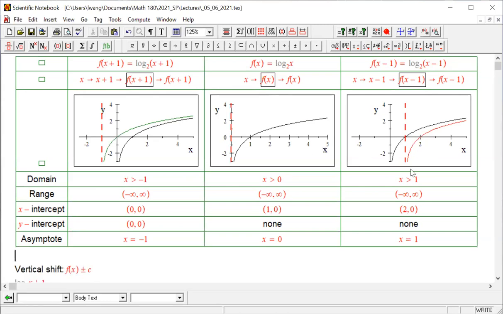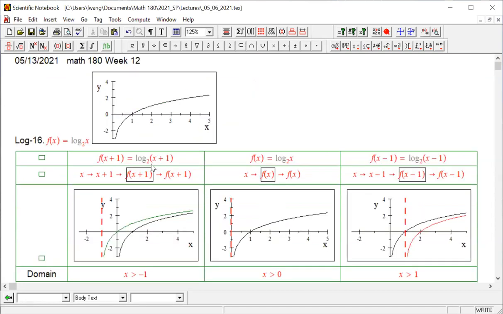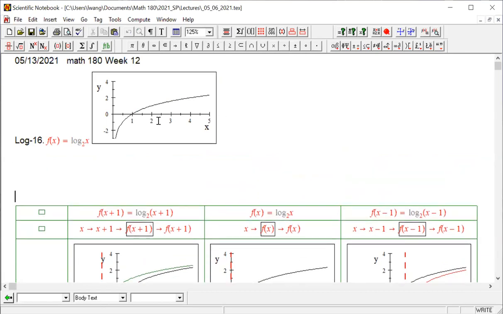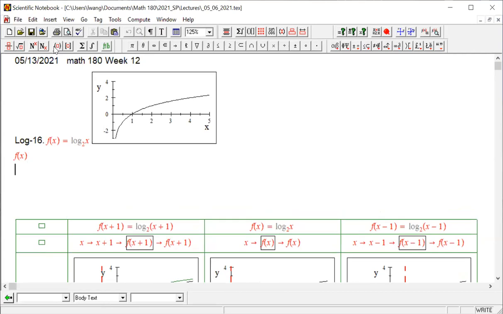Okay, now the next one, you guys are going to work on it. It's a reflection. So what I would like you to do is negative of f of x, and the other one, so I'm going to put a negative sign here.